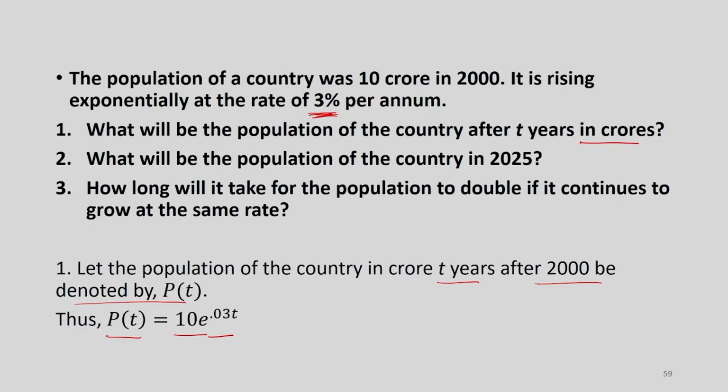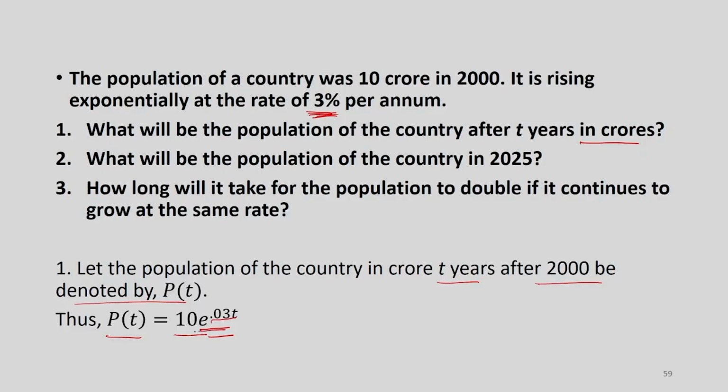However many years have elapsed, let us suppose that is T. So that is coming as the power of e, and there is a coefficient of that T also, it is the growth rate, which is 3%. 3% turns out to be 0.03. So you are getting this neat formula e to the power 0.03 multiplied by T.